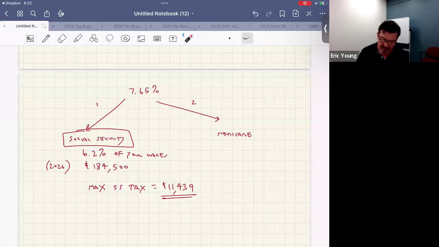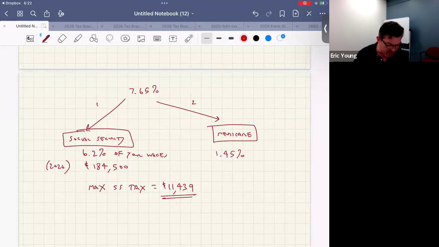Okay, there's that. Now, the second one is Medicare. Medicare is levied at a rate of 1.45% of your wages. Okay, so Social Security, 6.2%, Medicare, 1.45%.